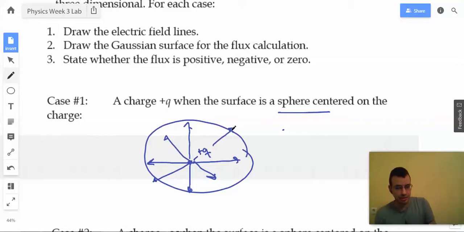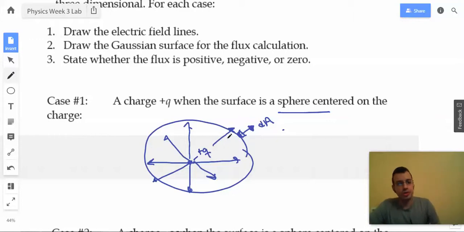The outside of the surface is here, and I'm going to draw the vector dictating the direction of the Gaussian shape, and it's going to be pointing outwards. Gaussian shapes are closed surfaces, like cubes, spheres, melons, or whatever oblong type shape you could think of.